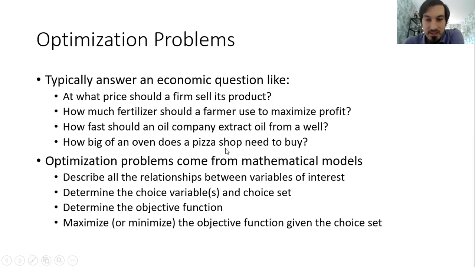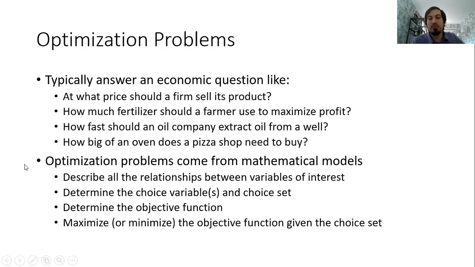How big of an oven does a pizza shop need to buy? These are all questions where you could make a model with an objective function. Notice in all of these, there's some sort of objective function. That's my third dot, so I'll get to that in just a second.